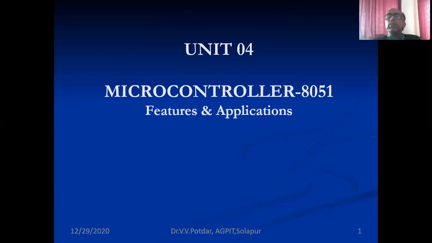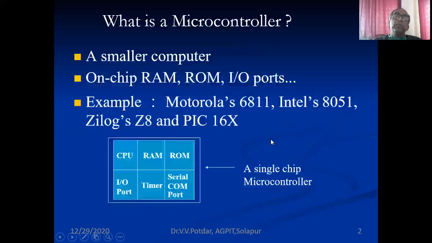In a single microcontroller chip, you'll find RAM, ROM, plus the input-output devices can be directly connected. Otherwise, in a microprocessor, you require many peripherals. That is a major difference between microprocessors and microcontrollers. And nowadays, we see widespread use of microcontrollers for many applications.